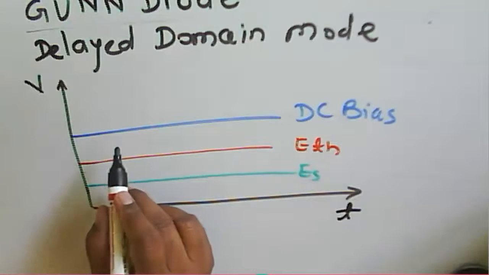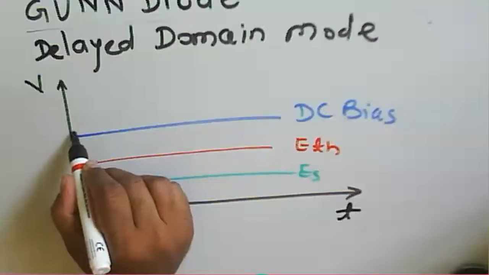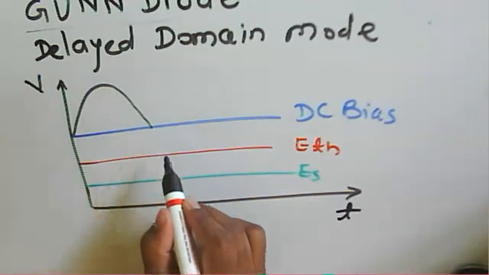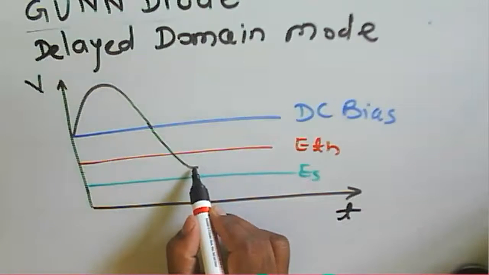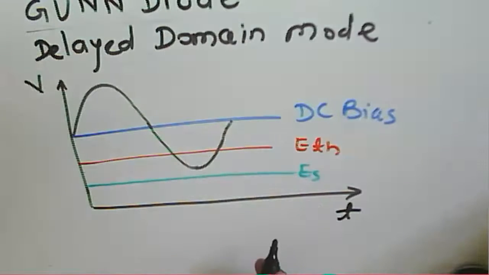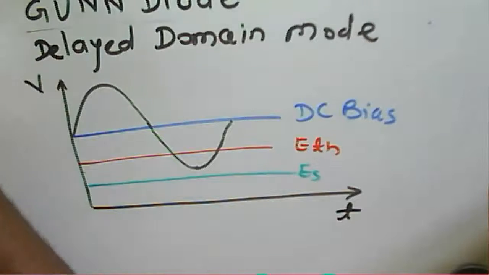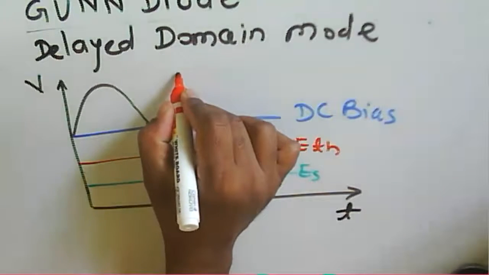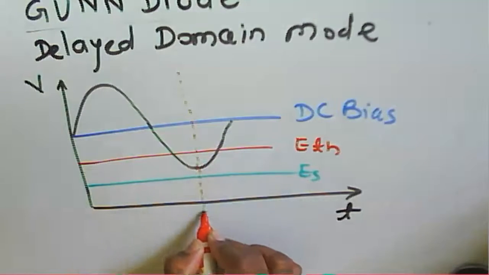Now here you can see that at this particular point, this is tau.